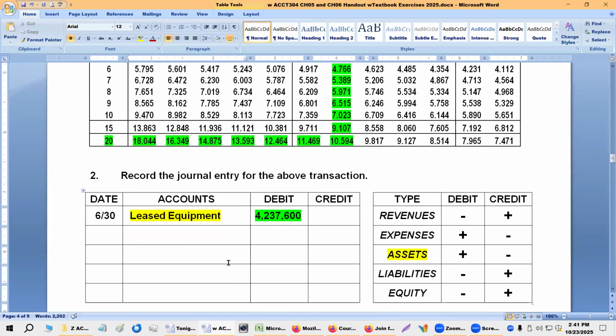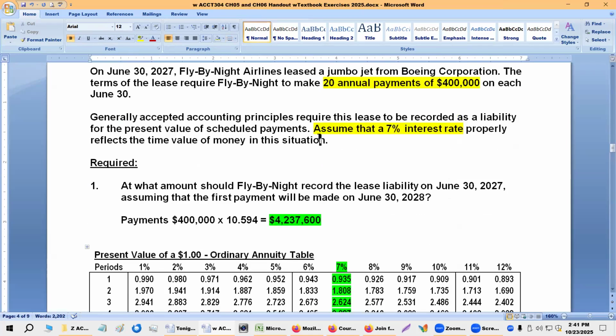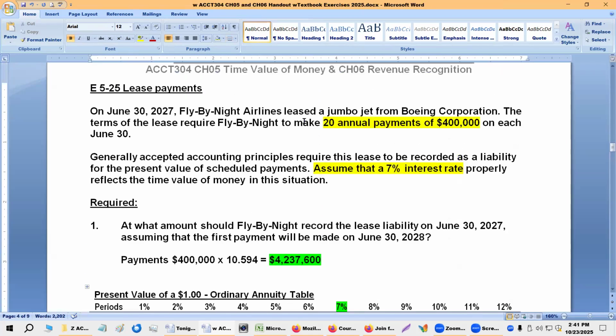All right. Lease obligations. Now, whenever we have liabilities, we generally split those up between current and long term.